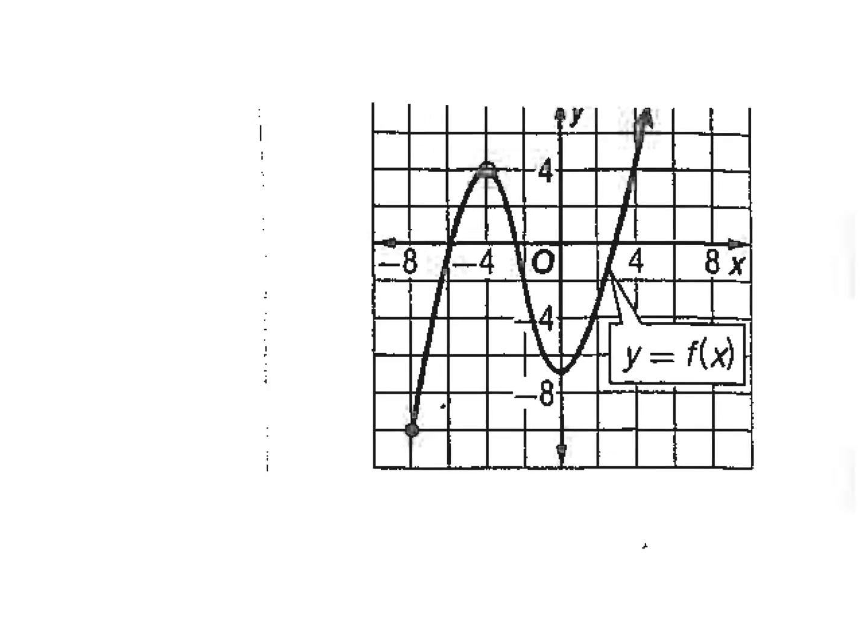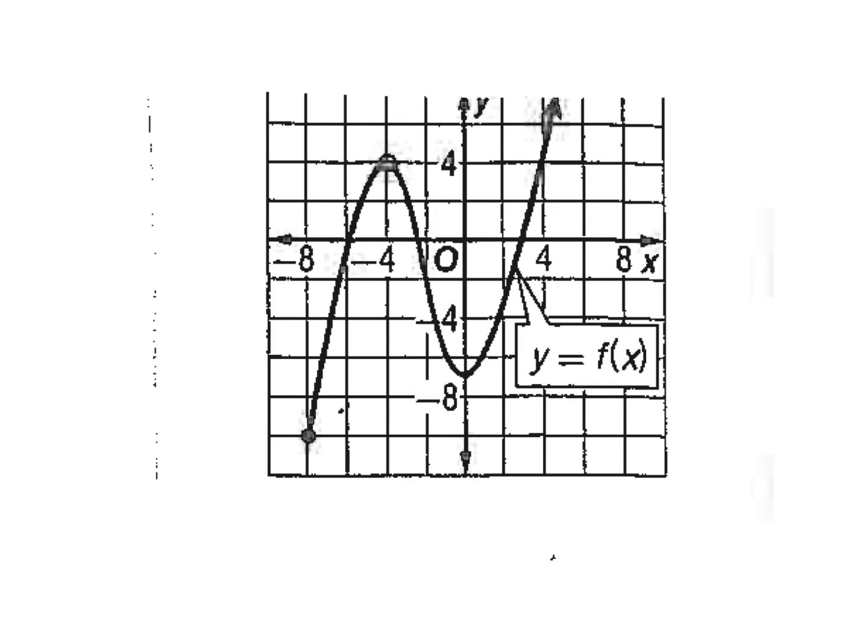So try the last one on your own. You want to go from the furthest left to the furthest right. Pay attention to arrows. And then from the furthest down to the furthest up.